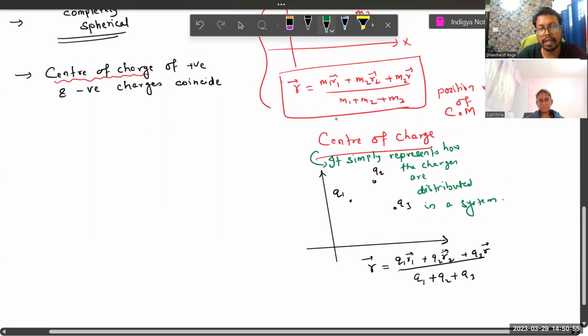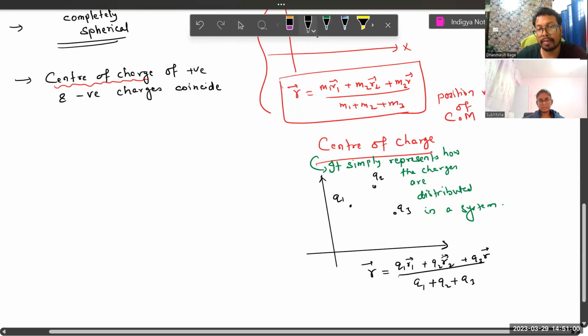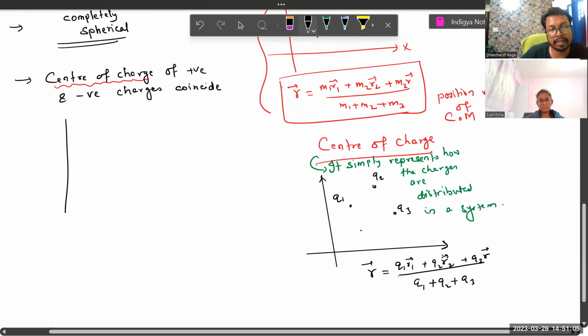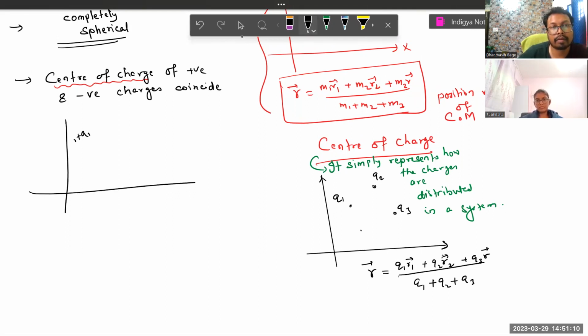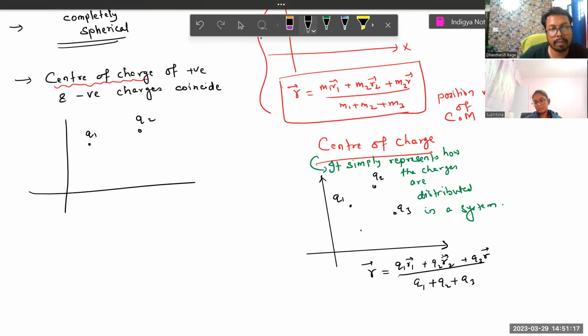So in this case, just see that there may be some positive charges. Like suppose there is a positive Q1, Q2, Q3, Q4. Let us say that this is positive, this is negative, this is negative, this is positive. So center of charge of positive charges will be here.